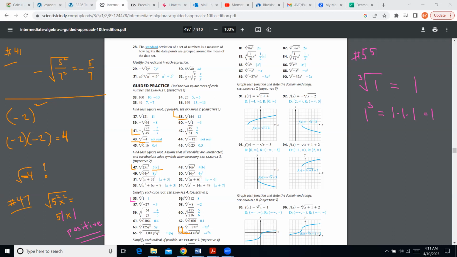So if I try number 56, they say it's 8. I say, how do I possibly know that if I extract the cube root of 512, I get 8? Well, it turns out that if you multiply 8 by another 8, in other words, if you look at 8 to the power of 3, this is going to be 512.